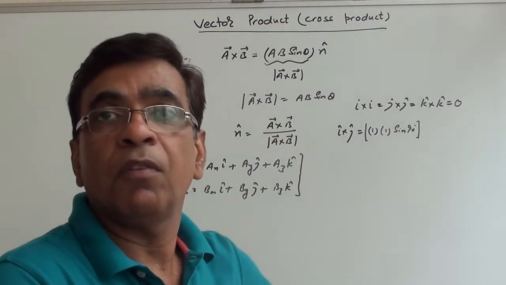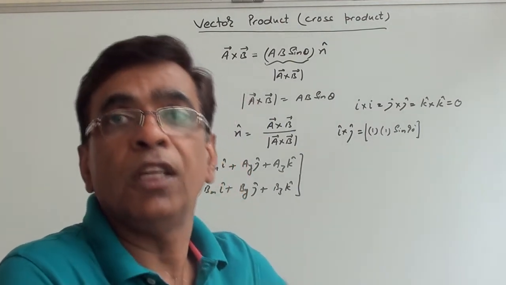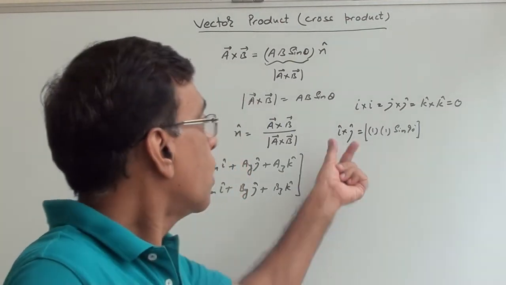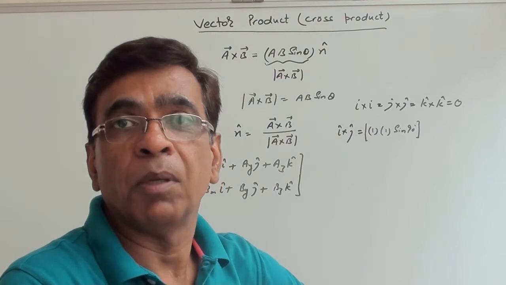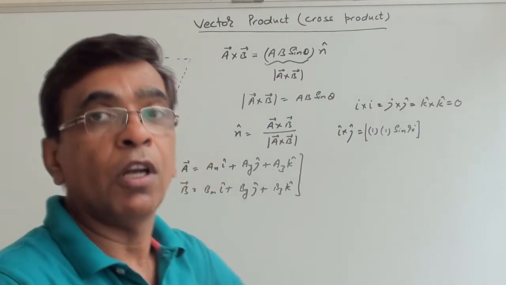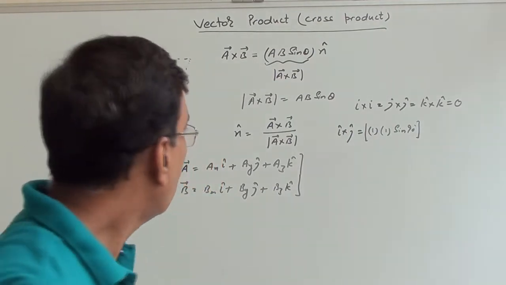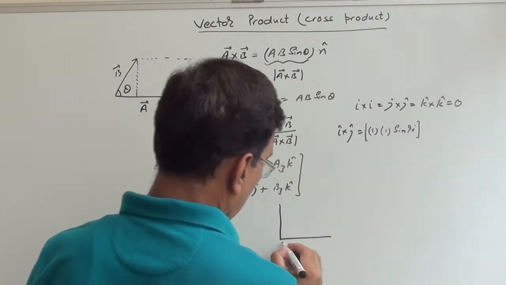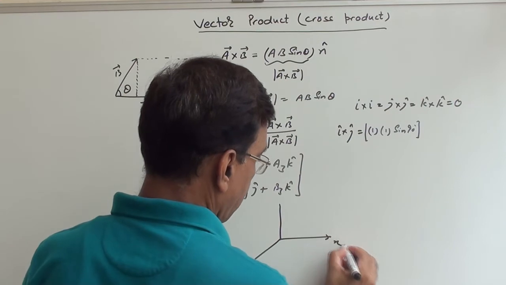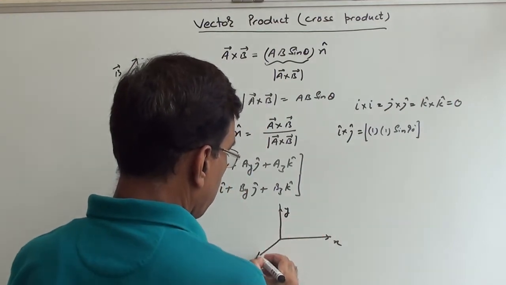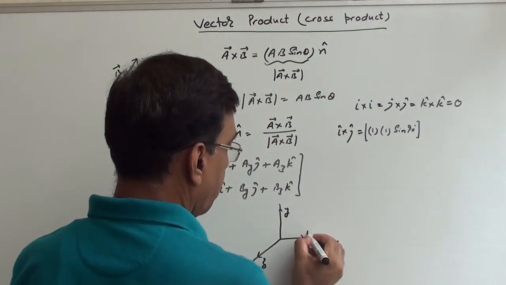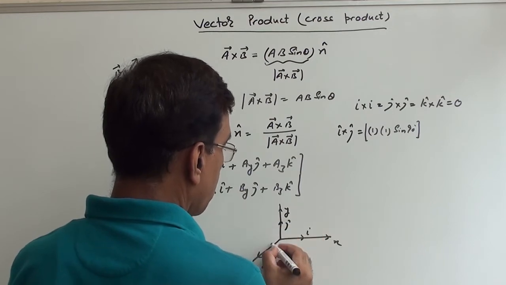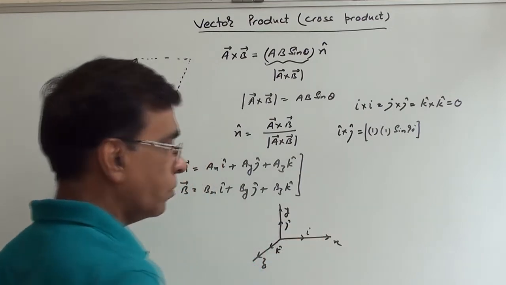I is the unit vector along x, J along y. So the unit vector perpendicular to them may be k or it may even be minus k. You can find it from the axes: x-axis, y-axis, and z. So I will be along this, J along this, and K along this.